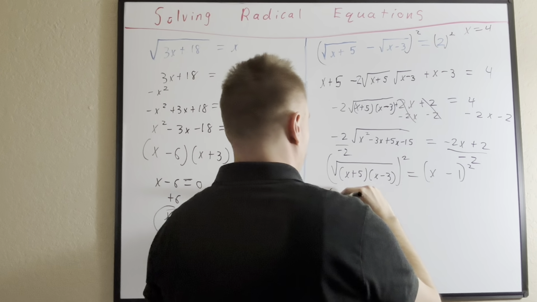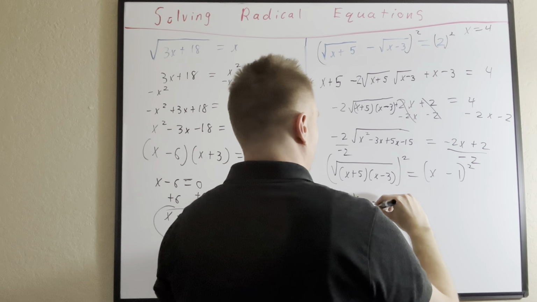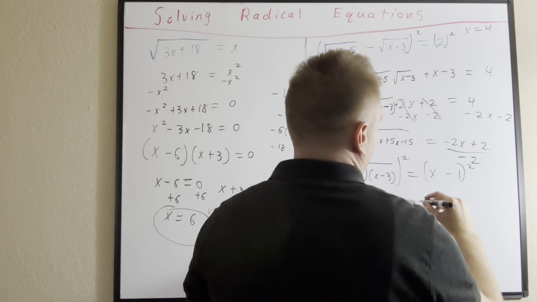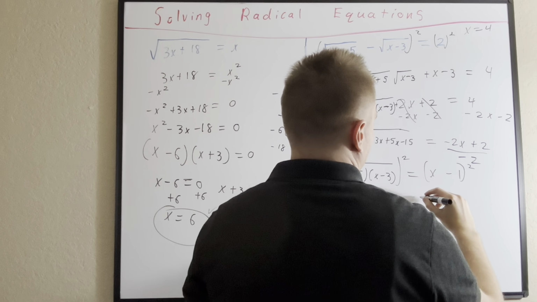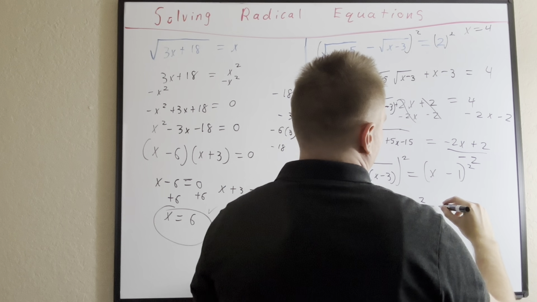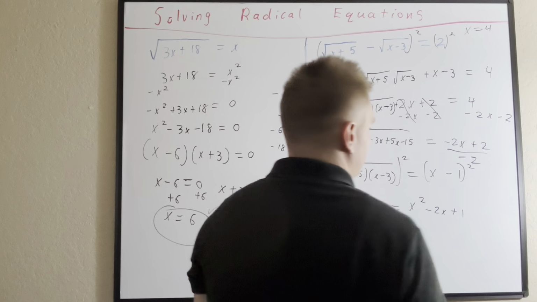So we're left with x plus 5 times x minus 3 equals x squared minus 2x plus 1.